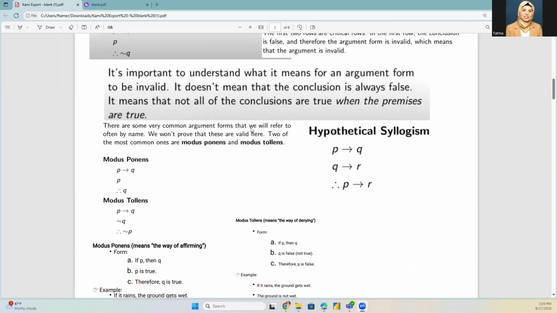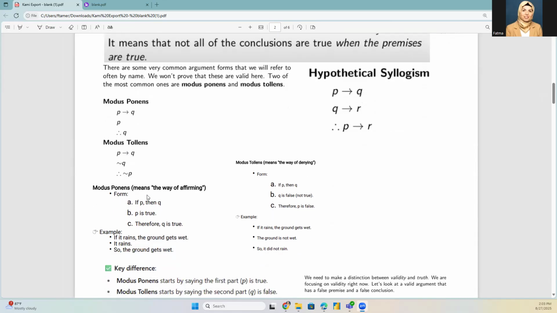There are some very common argument forms that we will refer to often by name. We won't prove that these are valid here, but two of the most common ones are modus ponens and modus tollens. These are very famous, so I wanted to mention them here. Modus ponens means the way of affirming.